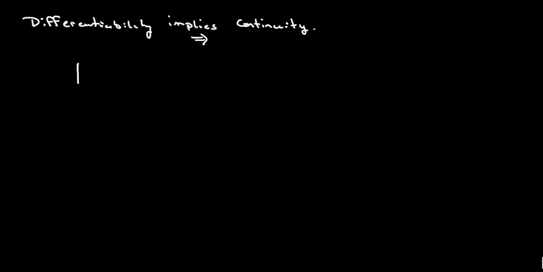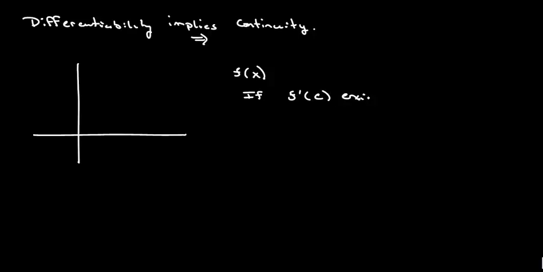What we're saying is that if we have a function, we'll call it f, so f of x, if f prime at some value c exists, then f is continuous at c.